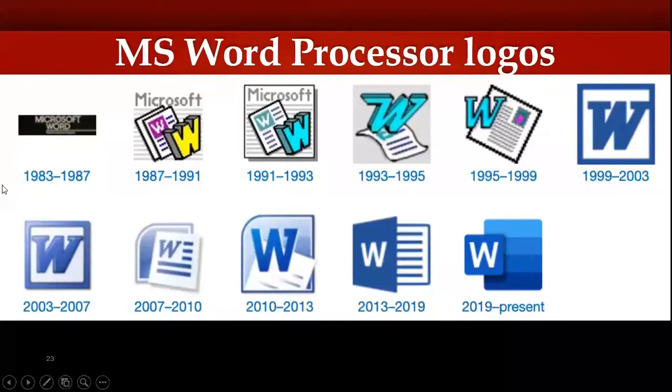The first time the Microsoft company created this MS Word software was in 1983 and maybe before, and they put the logo like this, very simple. The second one they used for 4 years, and after 3 years they used one like this. See, that was a very simple picture, and after that it goes professional.